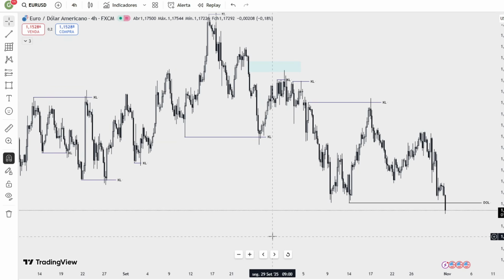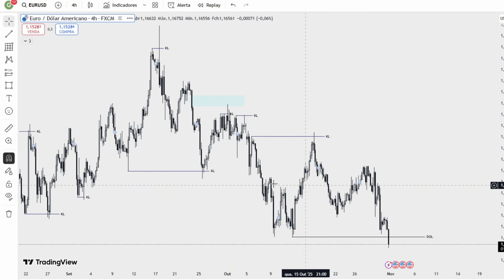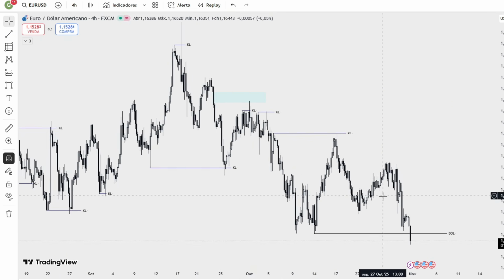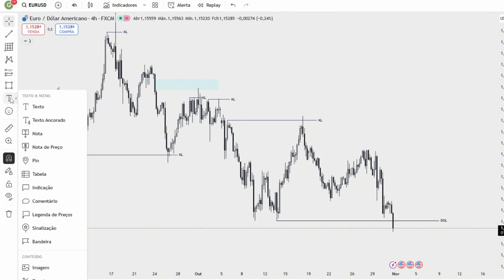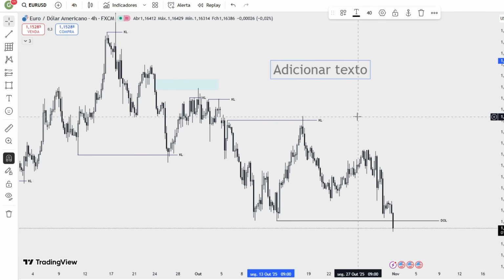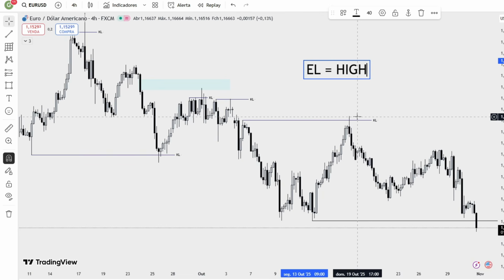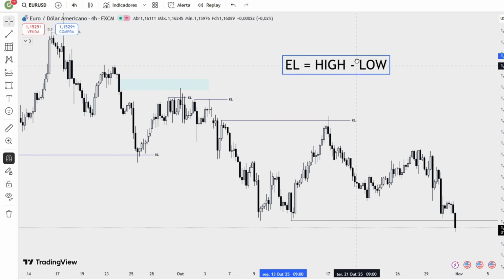So key levels, right? Once you mark your key levels in the 4 hour, just look at the 4 hour and mark your key levels, external liquidities, internal liquidities. External liquidities are highs and lows.